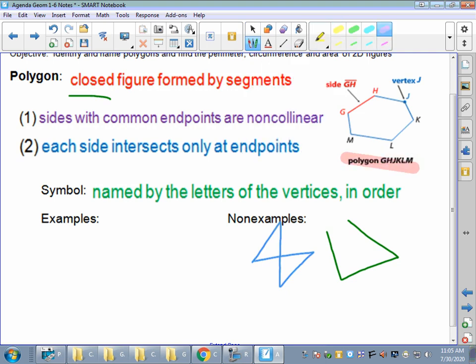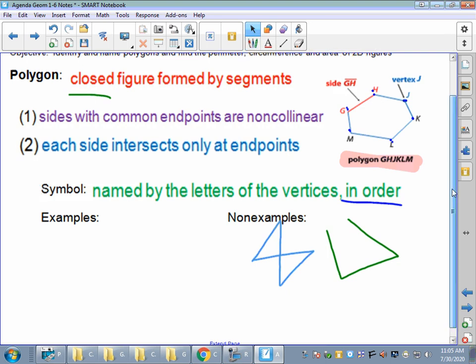This is a polygon with a lot of sides, like 6: G, H, J, K, L, M. So they started G, H, J, K, L, M. You go around the outside. We could have named it polygon M, L, K, J, H, G, but I can't name it M, K, G, H, L, J. You have to name it in order.